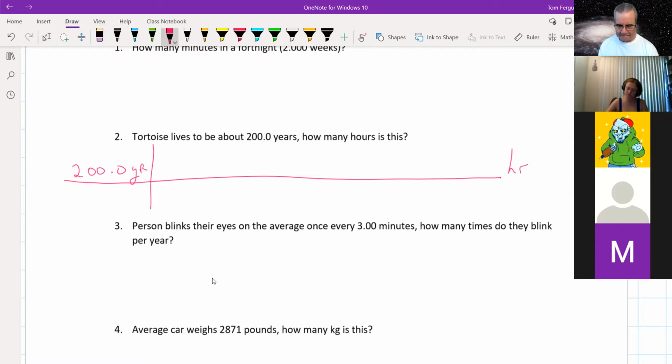Because sometimes when you look up online, for example, days in a year, they're going to say 365.25 or something like that, because it averages out with the leap year in there. I'm just saying it'll be 365. We're not going to deal with the leap year stuff.